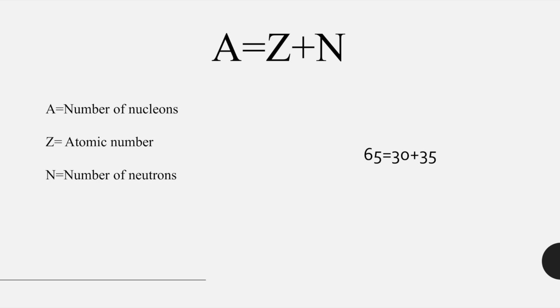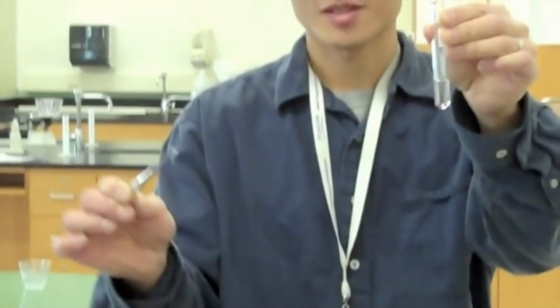Because the atomic mass for zinc is 65.38, and we know that a proton and a neutron each weigh 1 unit, that must mean that there are 35 neutrons in zinc, because 65 minus 30, which is the weighted average minus the protons, equals 35. And that means that there are 65 nucleons in zinc.